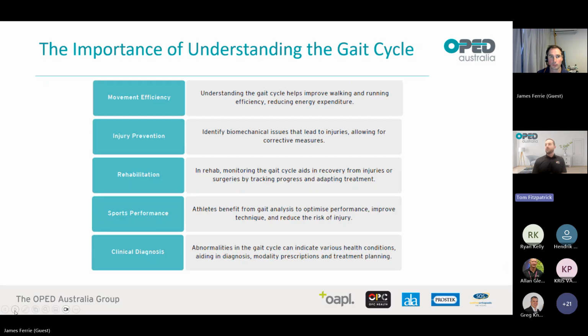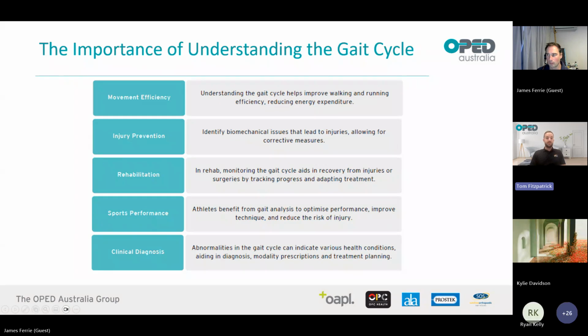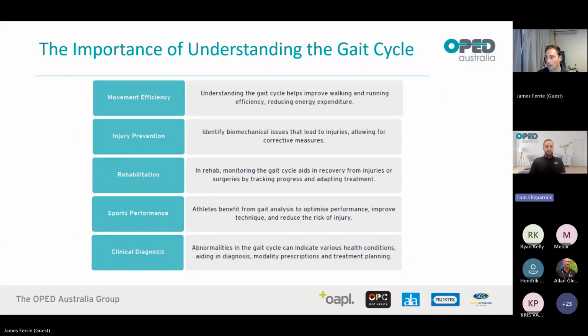Thanks, James. So the importance of understanding the gait cycle. In movement efficiency, understanding the gait cycle helps improve walking and running efficiency, reducing energy expenditure. Injury prevention, so identifying biomechanical issues that lead to injuries, allowing for corrective measures. In a rehabilitation setting, monitoring the gait cycle aids in recovery from injuries or surgeries by tracking progress and adapting treatment when needed.